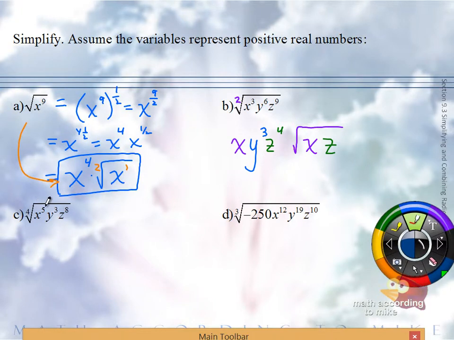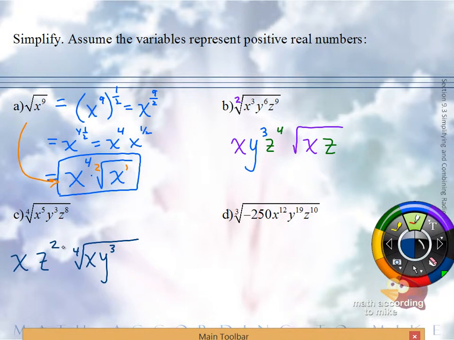4 goes into 5 how many times? So I can pull out 1x. How much is left over? 1x. 4 goes into 3. It doesn't. So we still keep the y cubed downstairs, underneath the radical. 4 goes into 8 how many times?